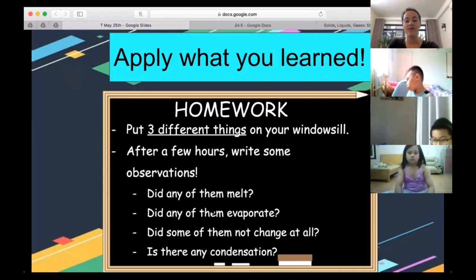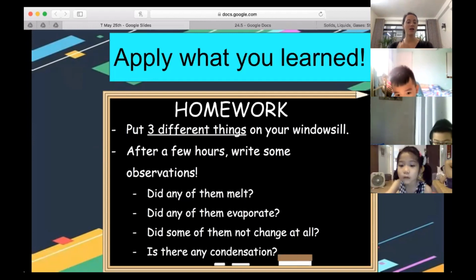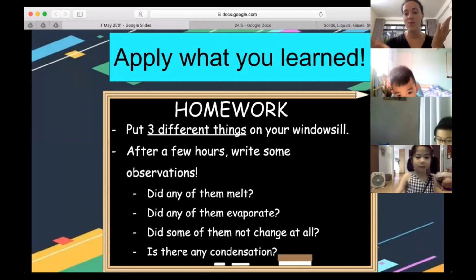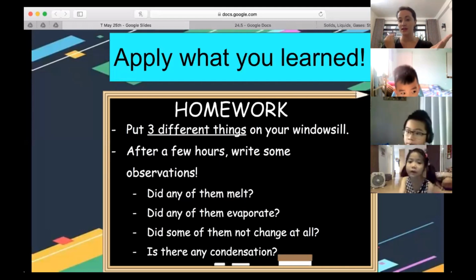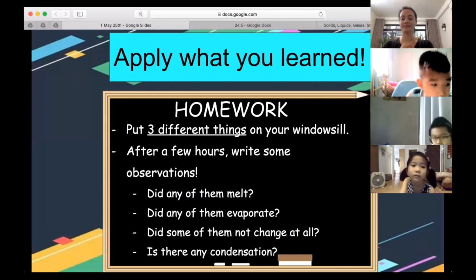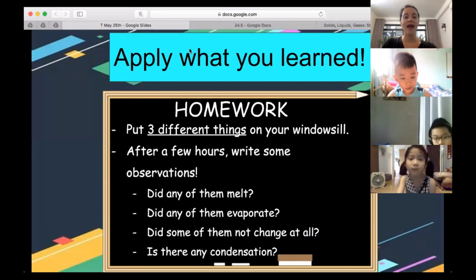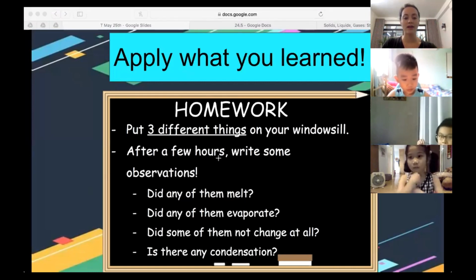Did any of them evaporate? Did some of them not change at all? Is there any condensation? So you want to compare. Some materials might melt, some might evaporate, some might not have any change at all. Okay? So you want to compare 3 things, and after a couple of hours, write your observations.